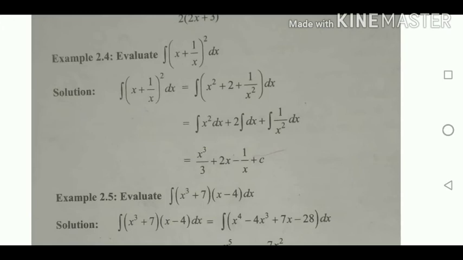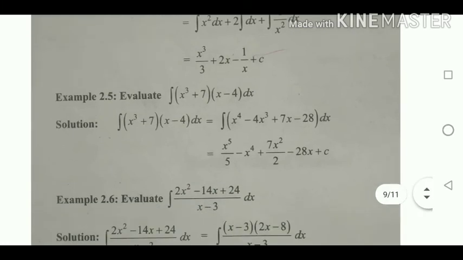Now take each term separately and integrate it. Integrating x square gives x cube by 3. Integration of 2 dx gives 2x. Integration of 1 by x square gives minus 1 by x plus c.